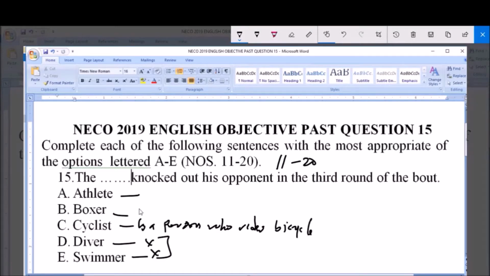So a buster is a person who engages in boxing or who busks.